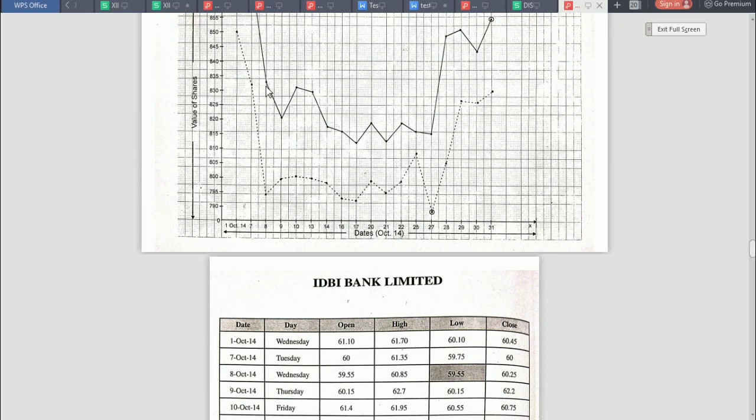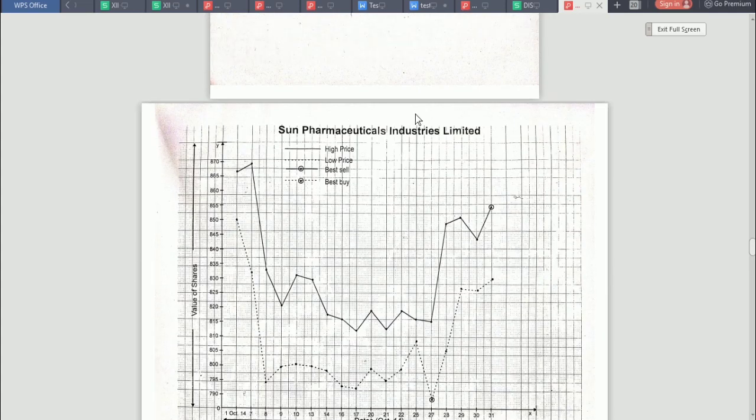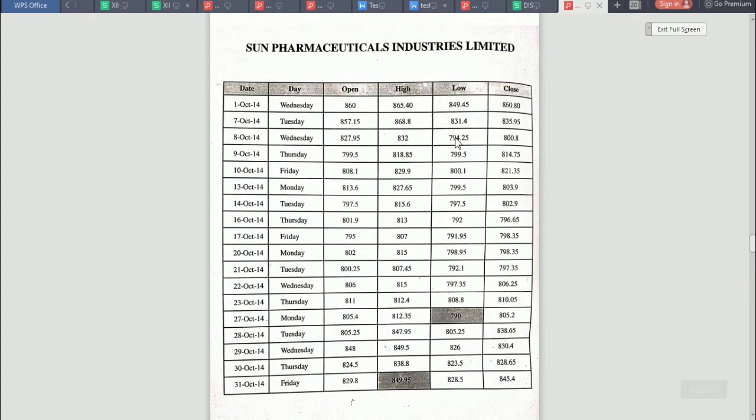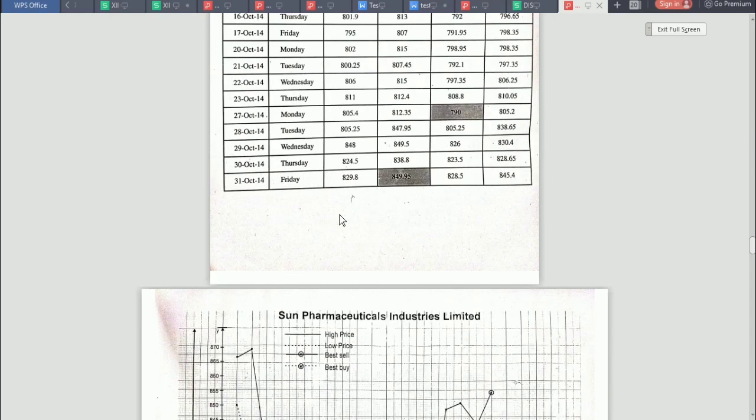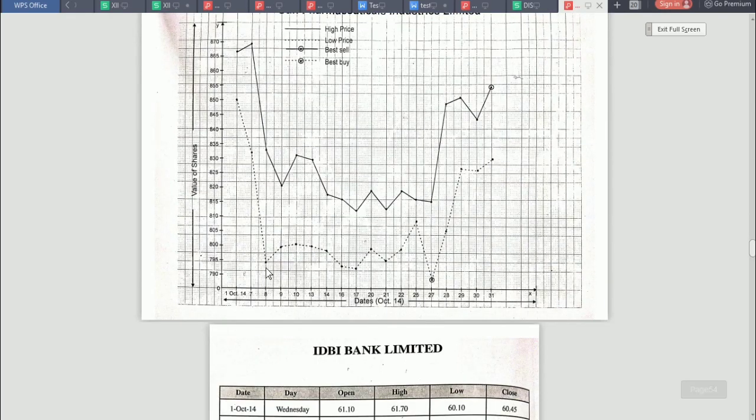This dot for 832, and this dot here for 794.25. So this way I have put all the dots of the high rate graph in the firm line and the low rate graph in the dotted line.